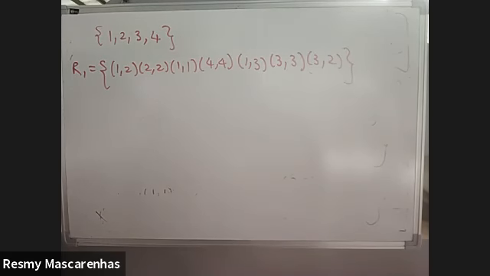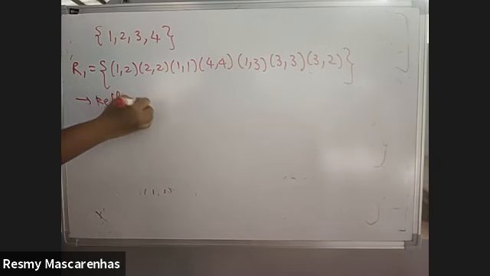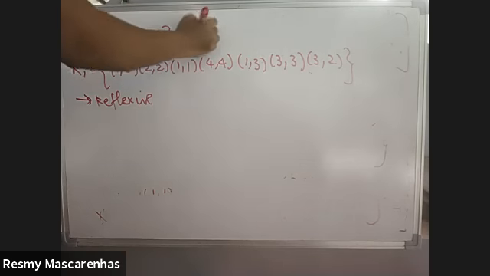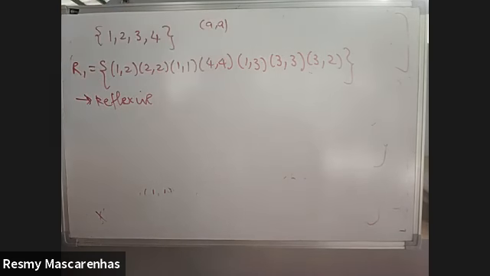Okay, so this is the question given to you. Now we'll check whether it is reflexive. What did I tell you for reflexive? The condition is (a, a), meaning same pairs. This is the main set given to you, so try finding the main pairs.